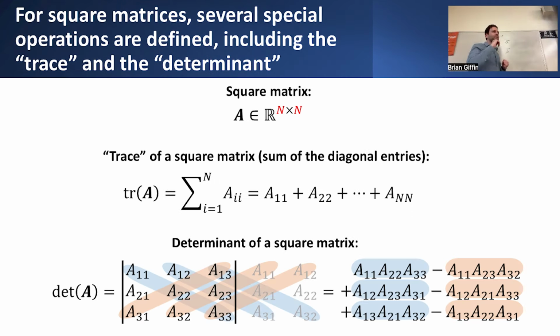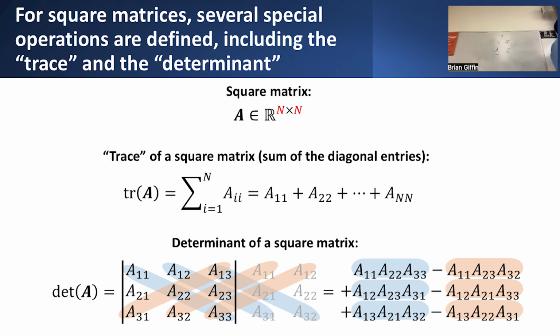Okay. Other properties, other definitions of matrices that you may have encountered. For any square matrix, we're still on the subject of square matrices, there are two operations that are worth knowing. The first is the trace. The trace of a matrix is really nothing more than the sum of all the diagonal entries in that matrix.